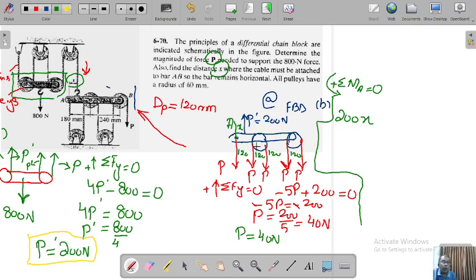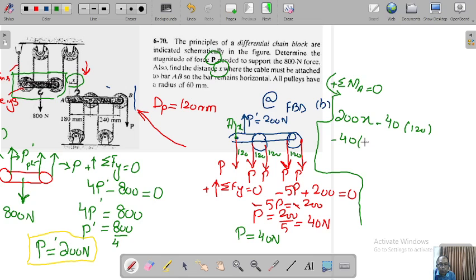Then all the other forces we have calculated as 40 Newton, so minus 40 into 120. This force takes the body clockwise. Again minus 40 into 240, which is 120 plus 120.